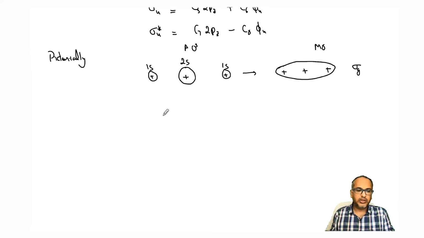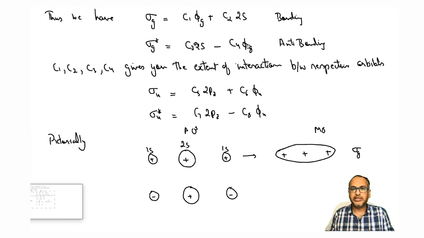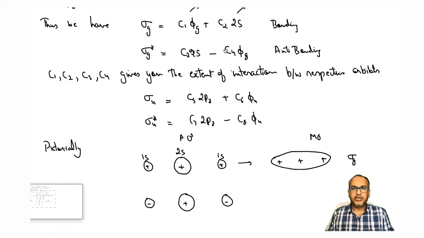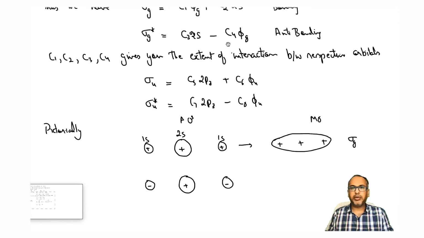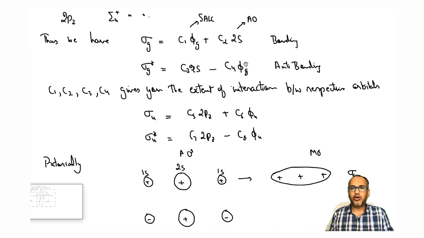Okay, the next one was sigma g star, where we had this as positive and phi g with negative sign. Phi g was 1sa plus 1sb. So both of them have to have the same signs, but we have overall phi g negative.